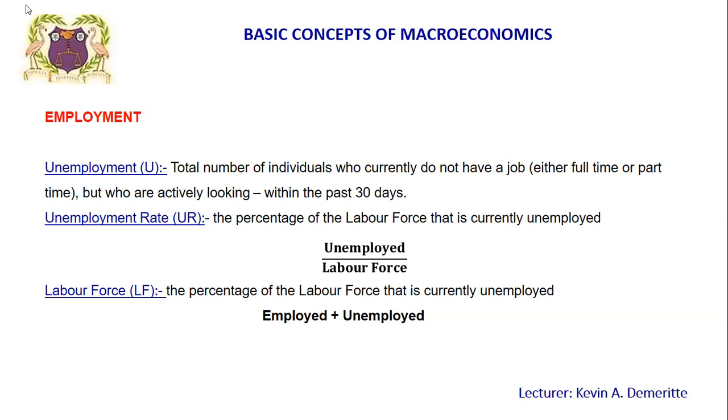Not to put too fine a point on it, they're considered bums. Okay, that's not the technical term, but that's what it is. They do not count as part of the workforce. They don't count as being unemployed. They're bums. You have to have been looking for work in the past 30 days to be considered unemployed. You also have to not be working either full-time or part-time.